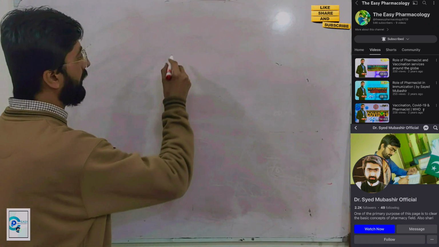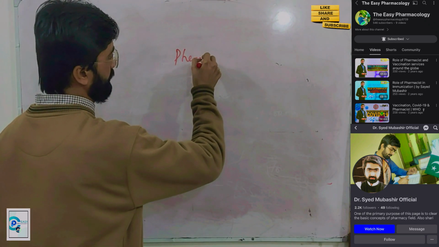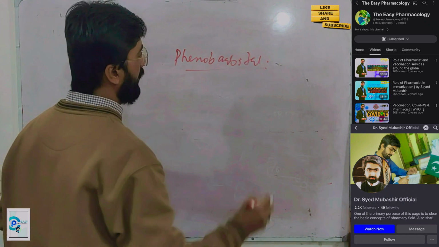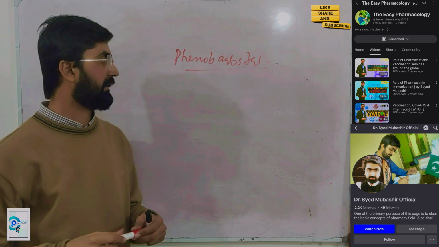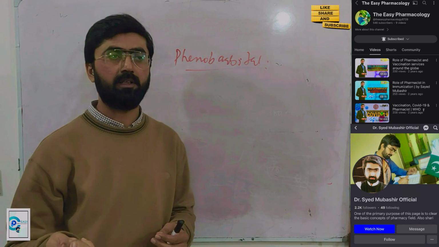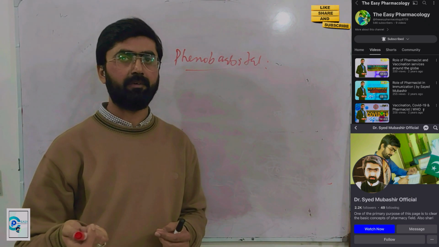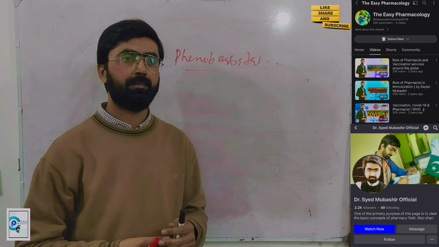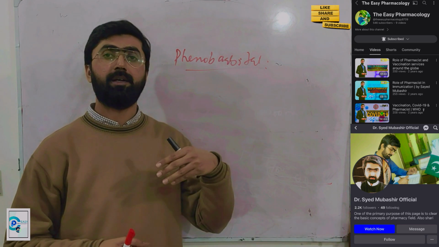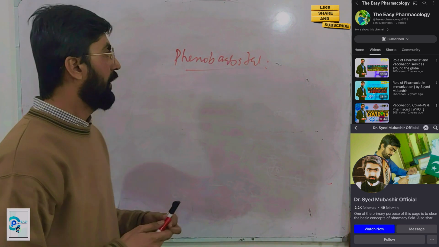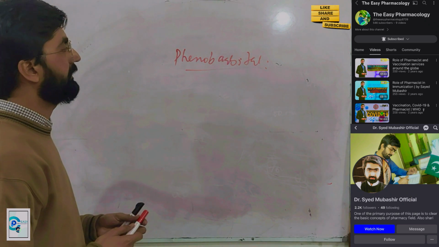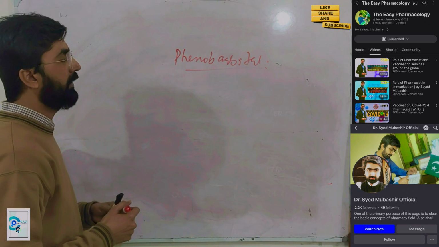Let's suppose there is a drug, phenobarbital. You know that this is a barbiturate and anticonvulsant medicine, and it is also given to pediatric patients. Even in neonate patients it can be given.